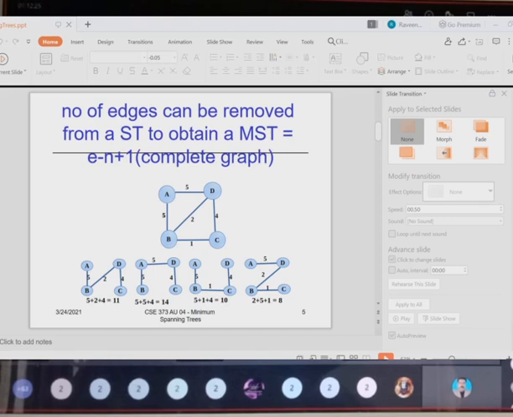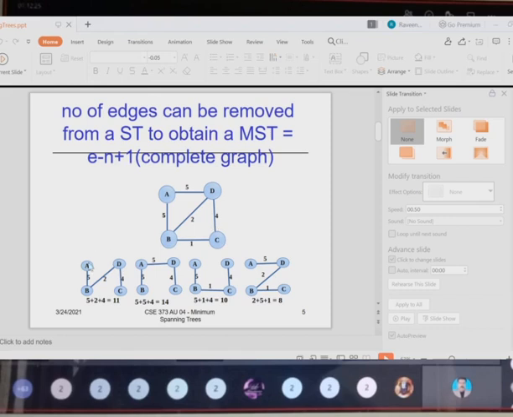Then we have two types of algorithm to obtain this MST. That is Prim's algorithm and Kruskal's algorithm. So the procedure of Prim's is to pick the lowest cost edge connected to the known spanning tree that does not create a cycle and expand it to include it in the tree.